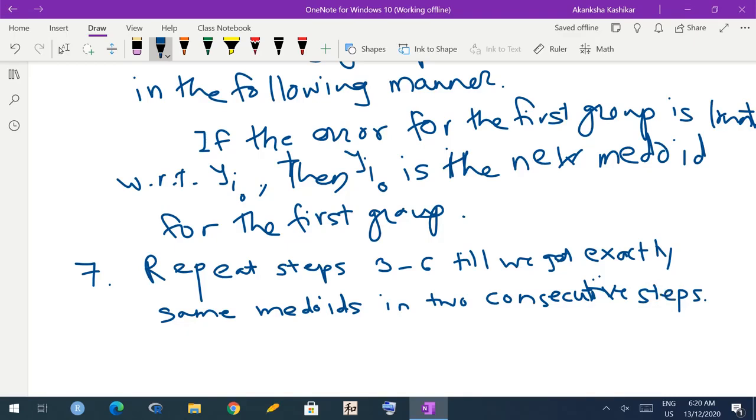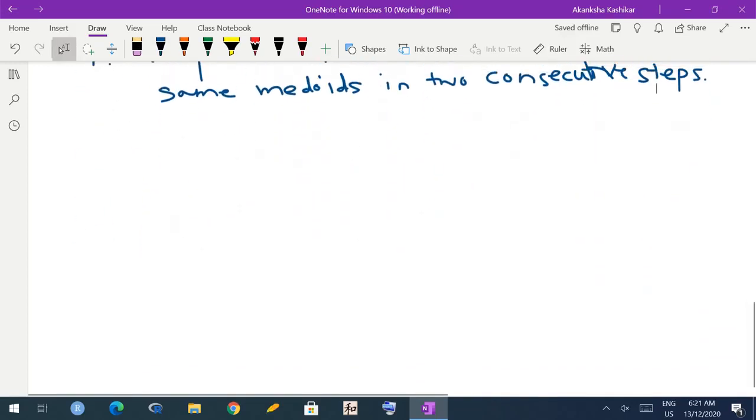Now here in the 6th step we are saying that we have to compute the error with respect to every observation. We didn't say with respect to only those observations which belong to that particular group. So ideally it should be computed with respect to every observation. However, it has been established via the PAM algorithm, PAM meaning partitioning around medoids, that it is enough to compute the error around only the observations belonging to that group.